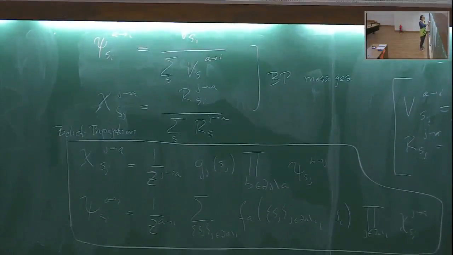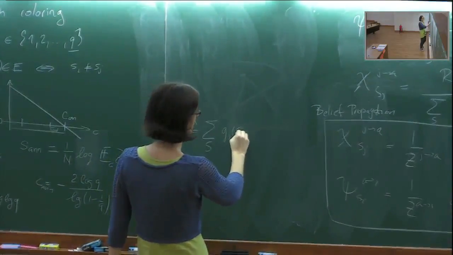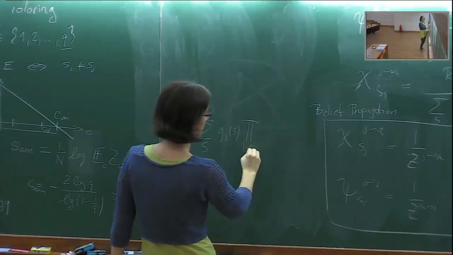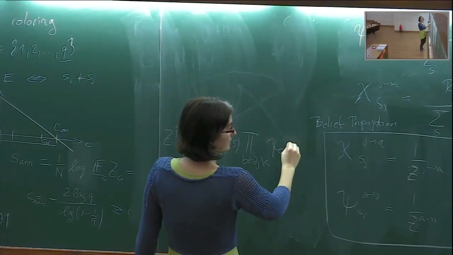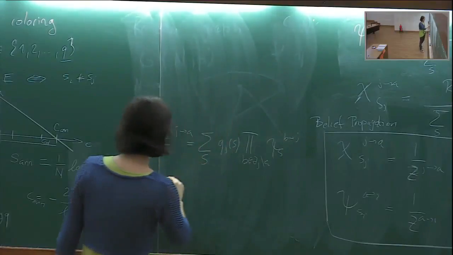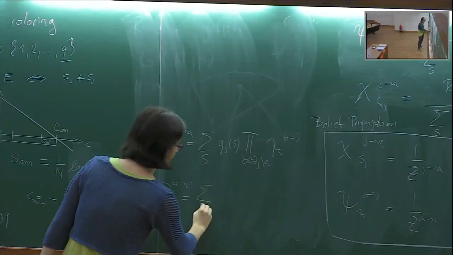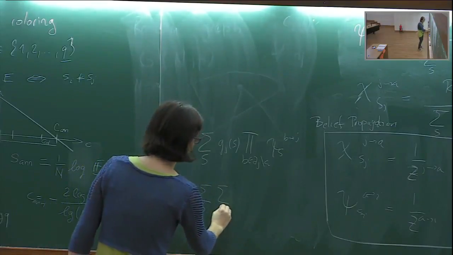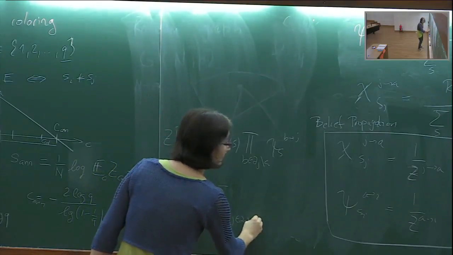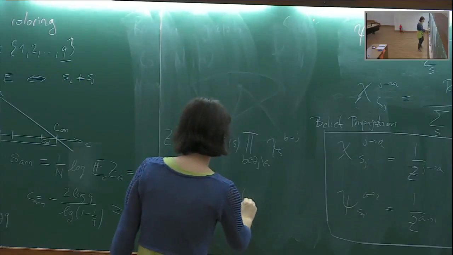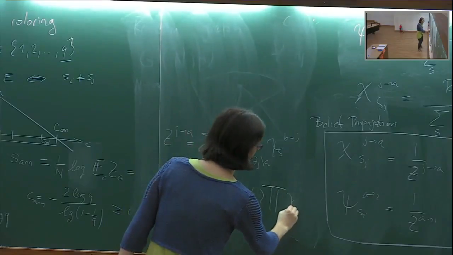So the Z_j is just the sum over all S of whatever this thing is, and the Z_{A to I} is just the sum over all S. Sum over all of the neighbors around A, I, F_A, okay. And the same thing, I just copy there.